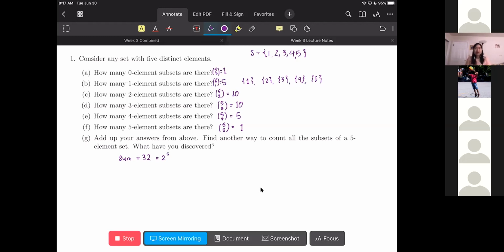One interesting thing is if we think about another way to count all of the subsets of a 5-element set: if we're summing up all the 0-element subsets, all the 1-element subsets, all the way to all the 5-element subsets, what we're really counting is how many subsets exist of a set of 5 distinct elements. And so going back to what we learned in previous weeks, how do we count the total number of subsets of a 5-element set?